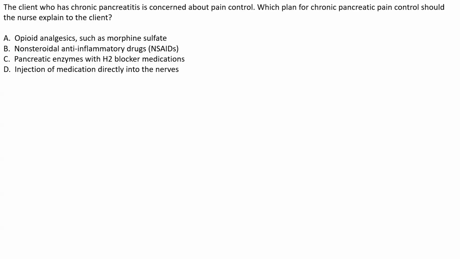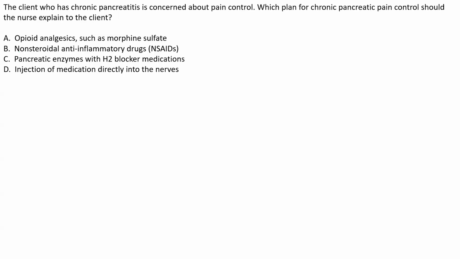So that's why C is the correct answer, because chronic pancreatic pain control measures include exogenous enzymes. We have to give pancreatic enzymes as an exogenous medication, because the enzyme stimulated by food is thought to cause pain.